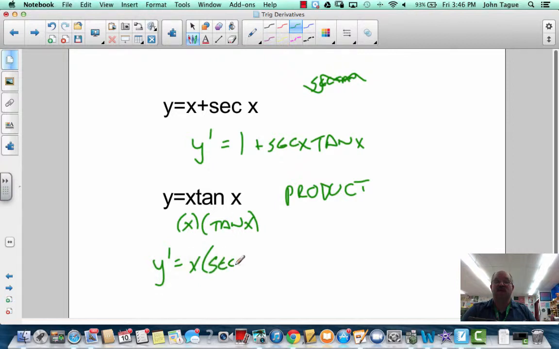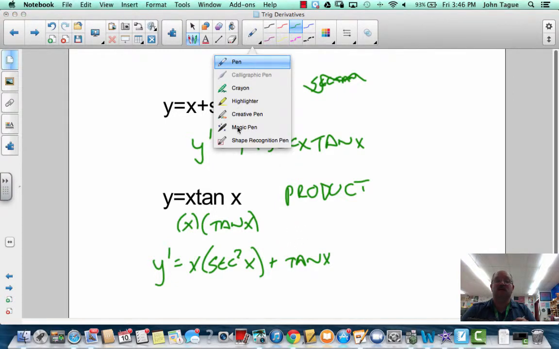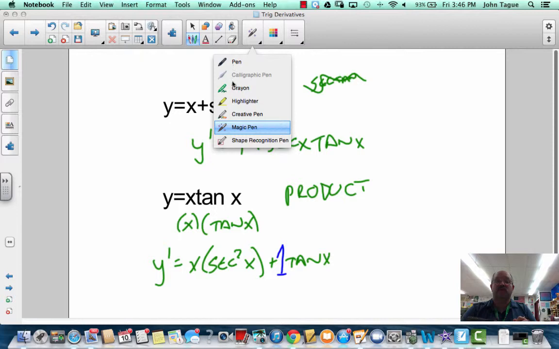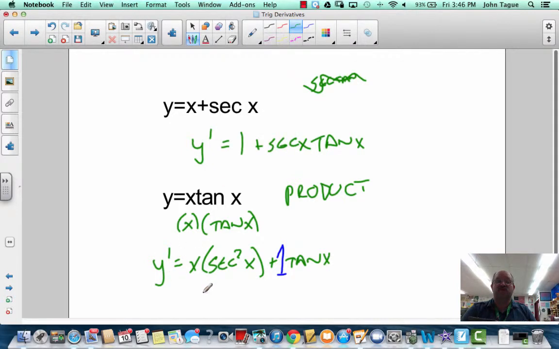Derivative of tangent is secant squared x, plus the second, tan x, times the derivative of the first, and in this case that's 1, so I'm not going to write a 1 in there, disappearing ink, plus 1 tangent of x. So the final ultimate answer is x secant squared x plus tan x. That's what my derivative of that particular thing is.